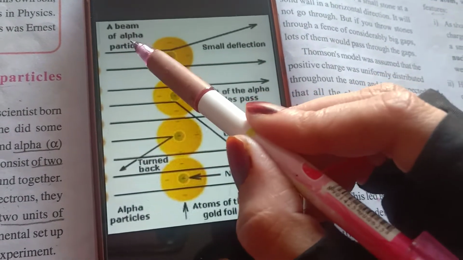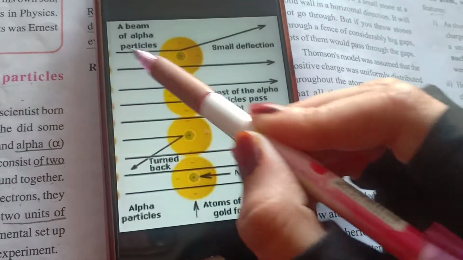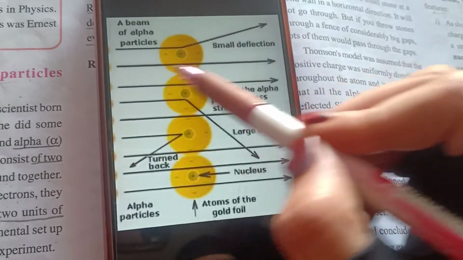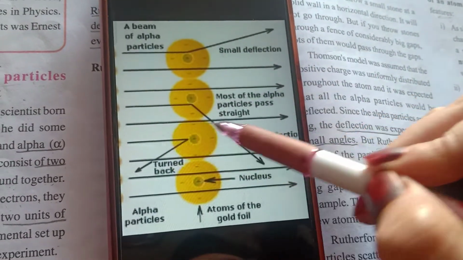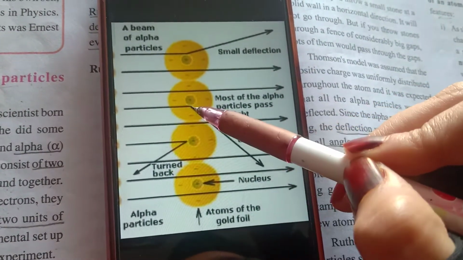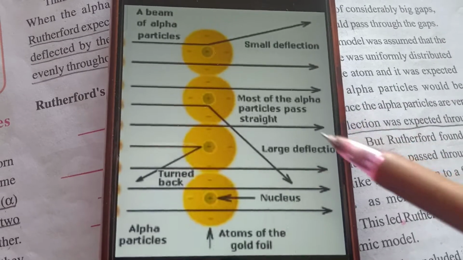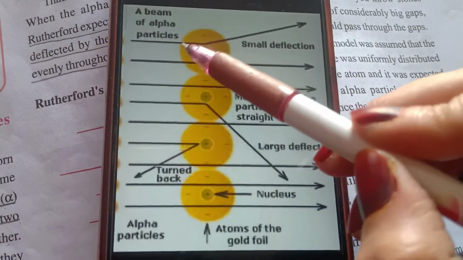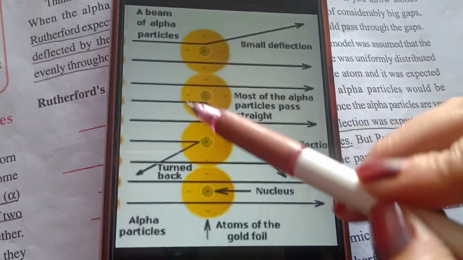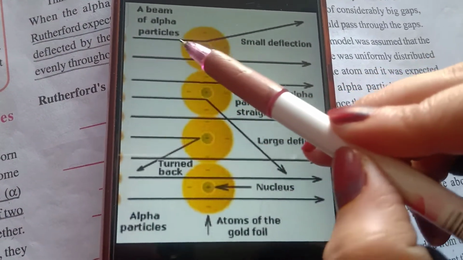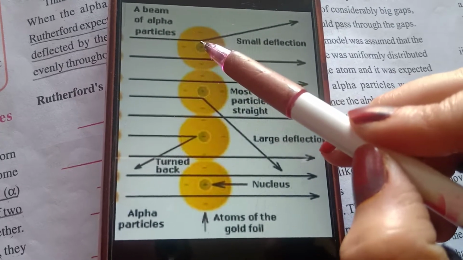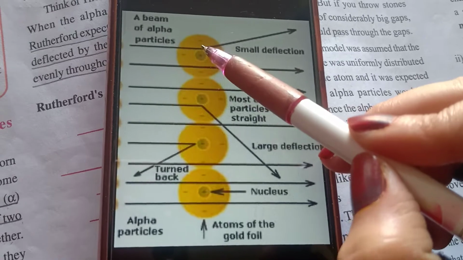A beam, a bundle of alpha particles: some bend at a small angle, some go in a straight line, as you can see over here, and some change direction. Why? Because when it is a single atom and the alpha particle is passing over here, it is bouncing at a particular particle, that is, over here.